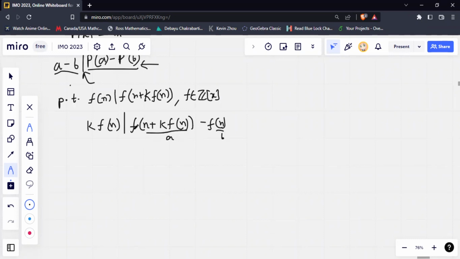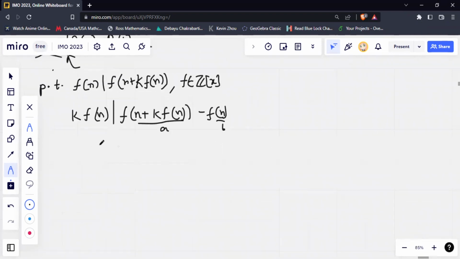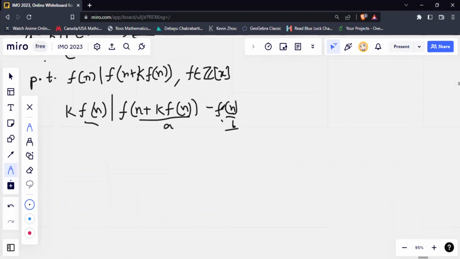Right. And what next? Now, we can omit the k in the divisor, because if ab divides x, then a divides x and b divides x. So these two get cancelled because it's f of n.